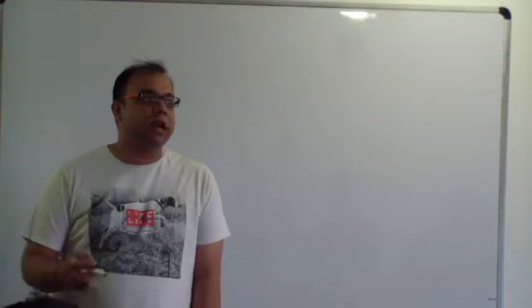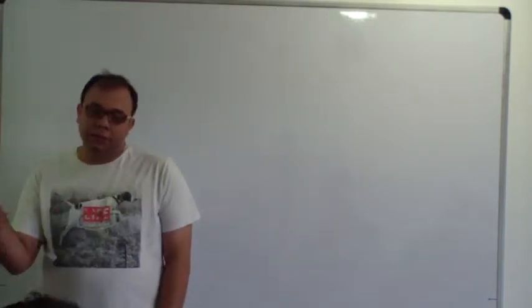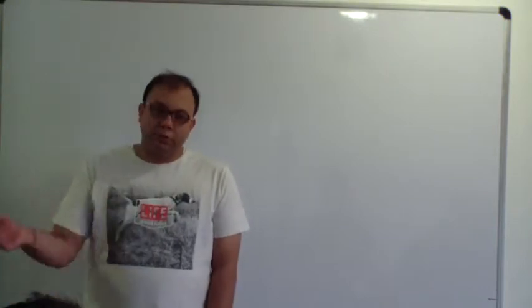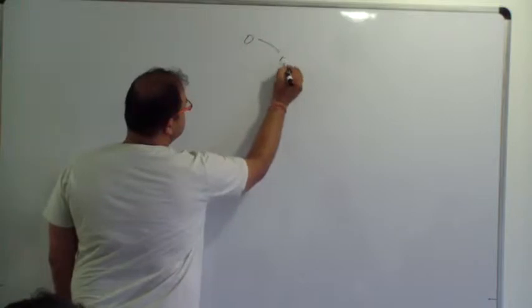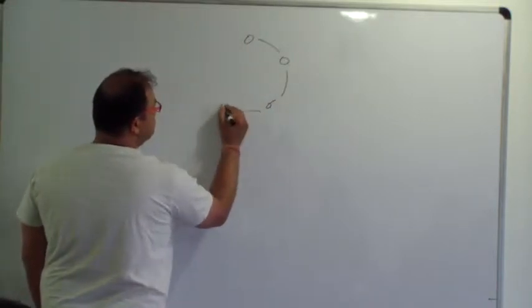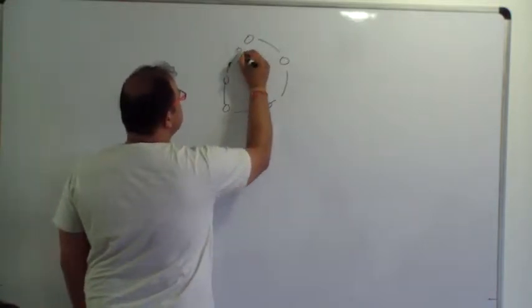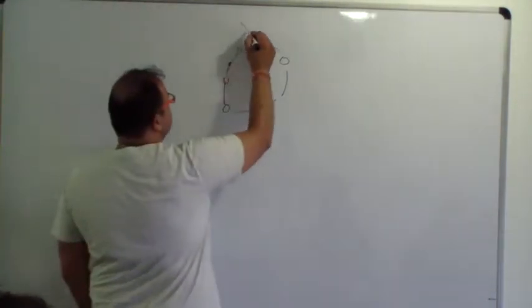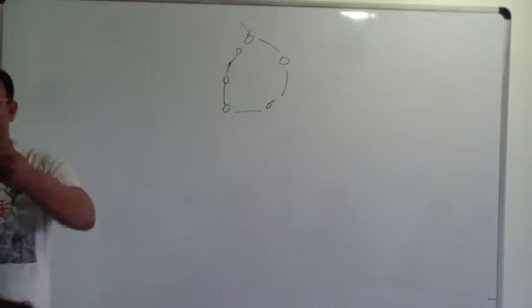The question is: insert a node in a circular linked list in a sorted manner. A circular linked list is something like this, and we'll add inside it. You'll be given a head, so you know where it starts.